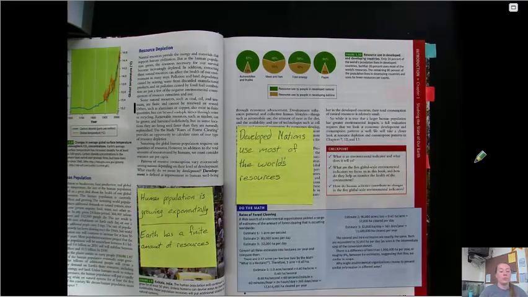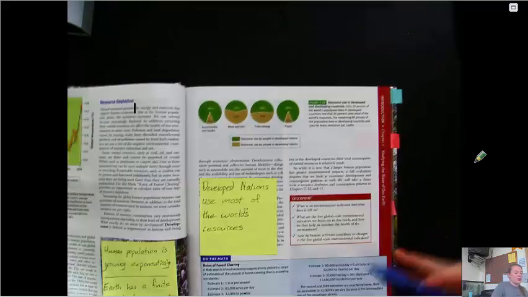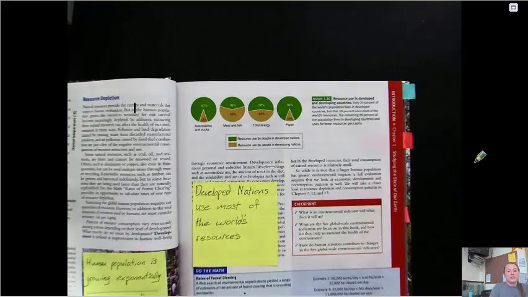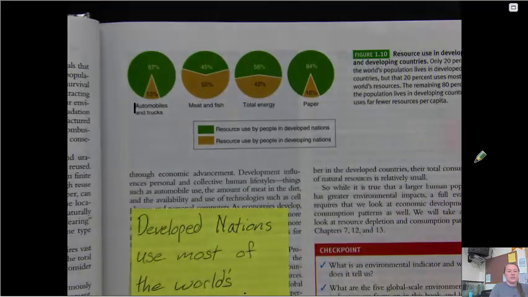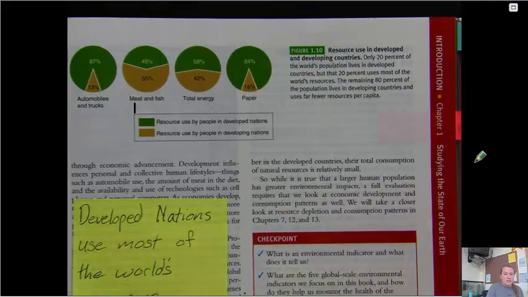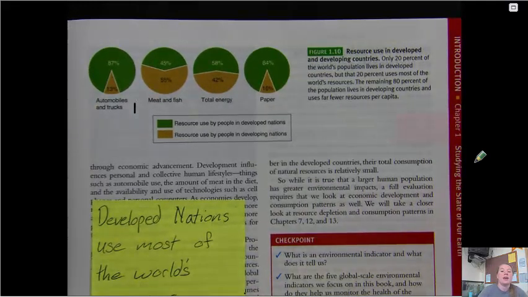When we look at the way that we use fossil fuels and the way that we use natural resources, this table up here is talking about how we do that, comparing developed and developing nations. From your social studies classes, you should already know that a developed nation would be a place like the US or Japan or Germany.